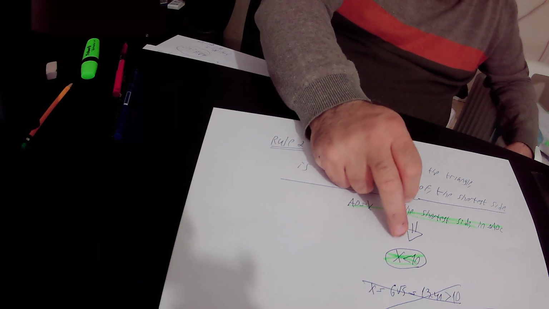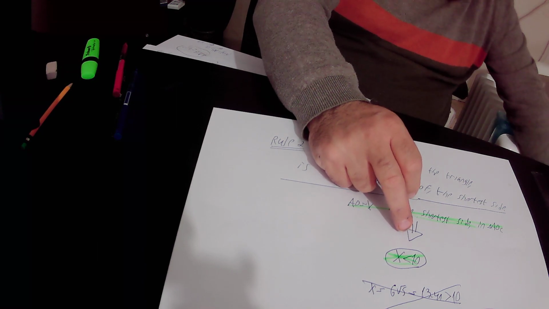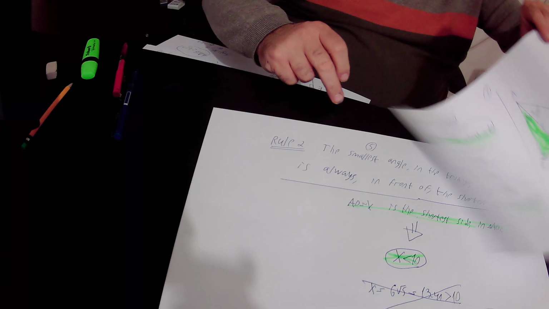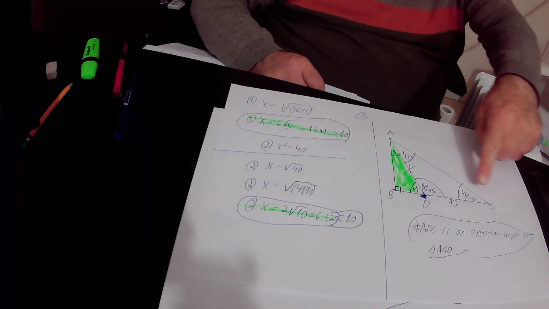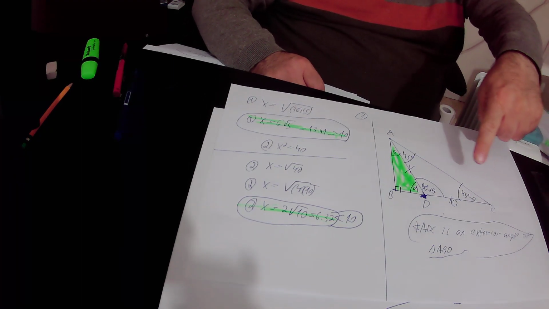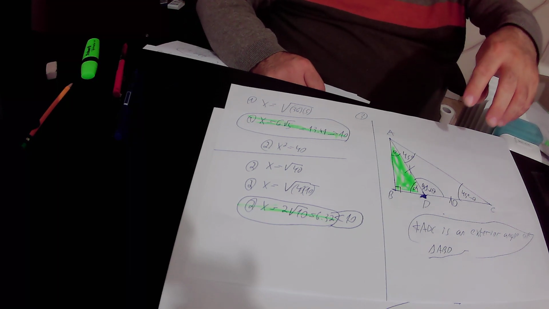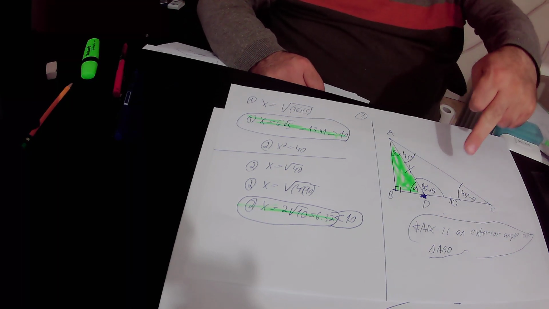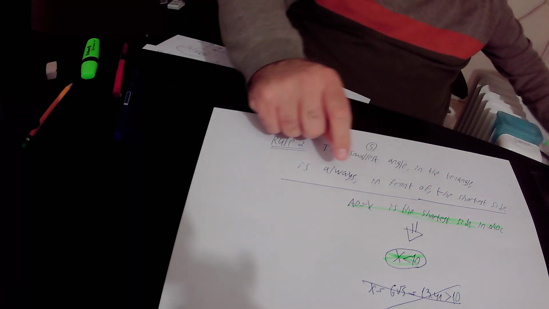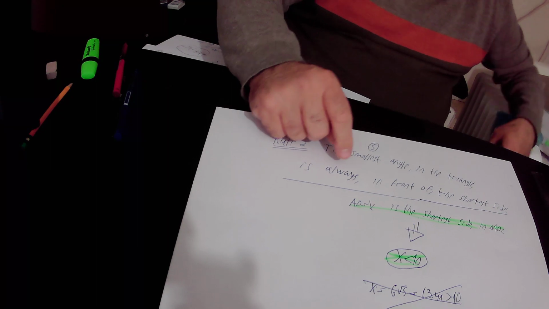That is to say, X is less than 10 units because it is less than side DC of triangle ADC, which is equal to 10 units. So X is less than 10 units, and we had 2 solutions for X.